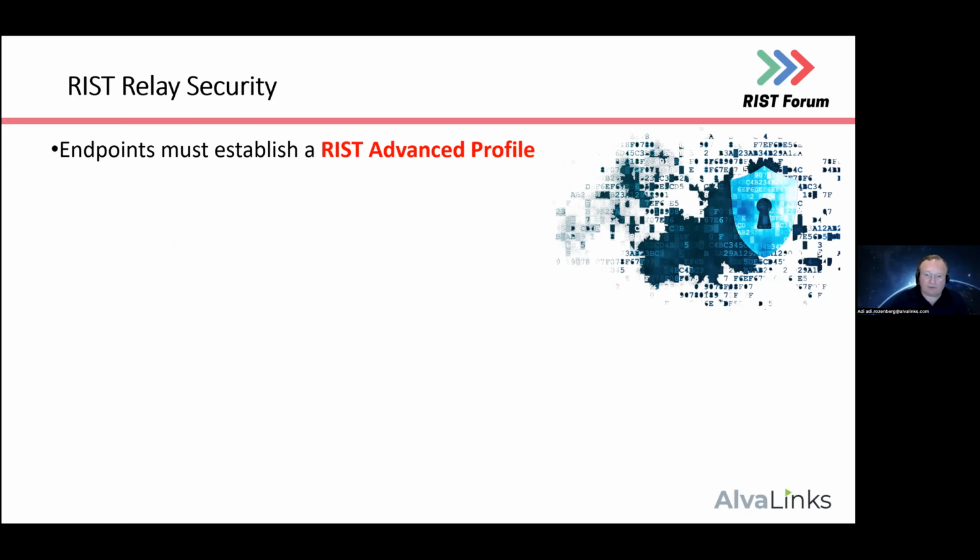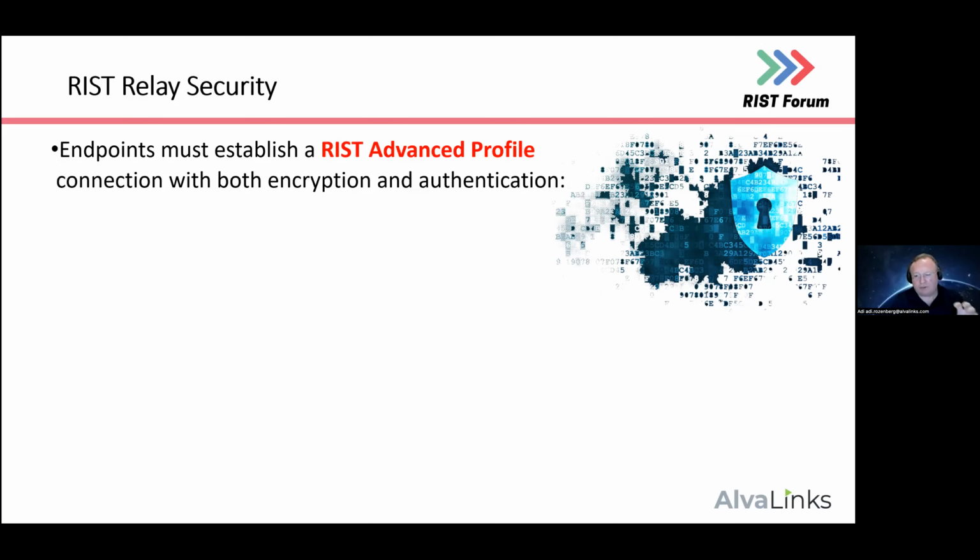Every endpoint must establish a RIST advanced profile connection. A RIST advanced profile connection means it comes with encryption and authentication. That's a mandatory stipulation, otherwise enterprise will not use you. So every encryption option in the advanced profile is covered. You can use DTLS.